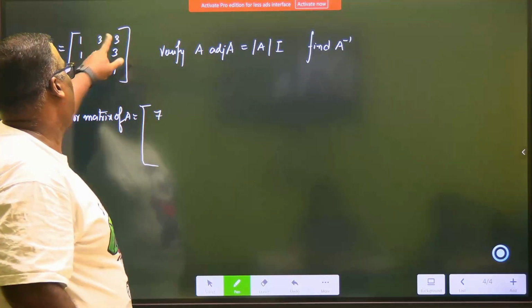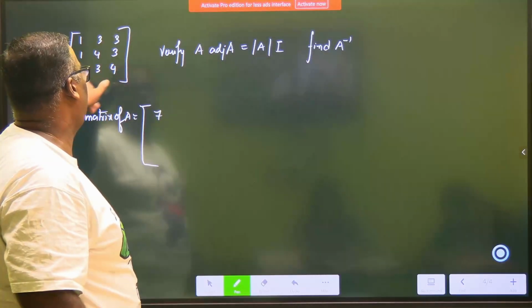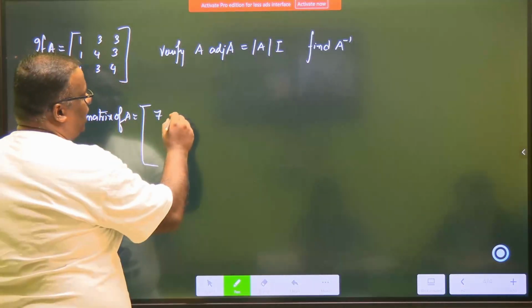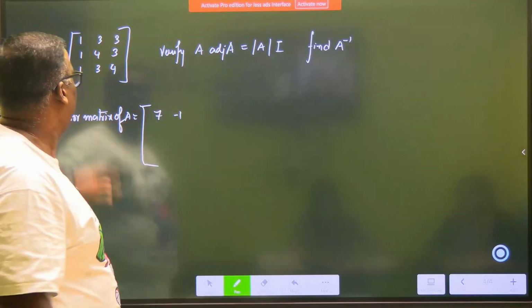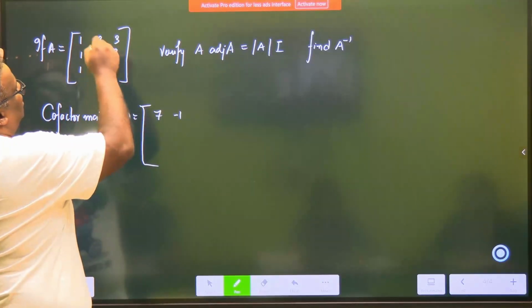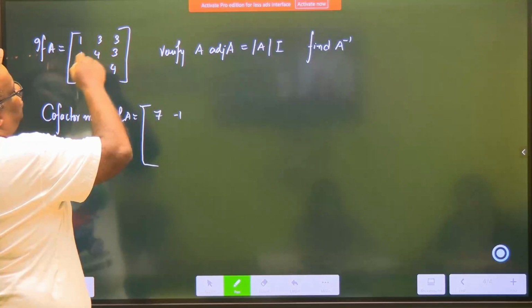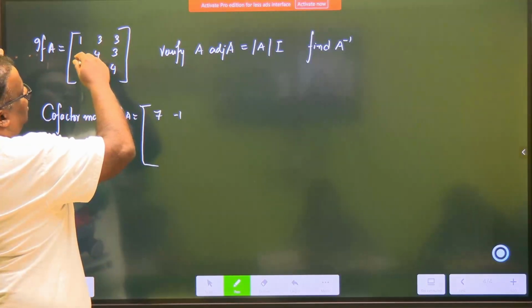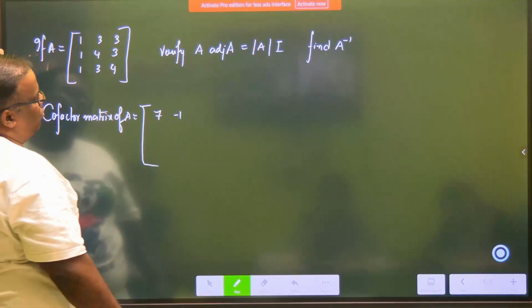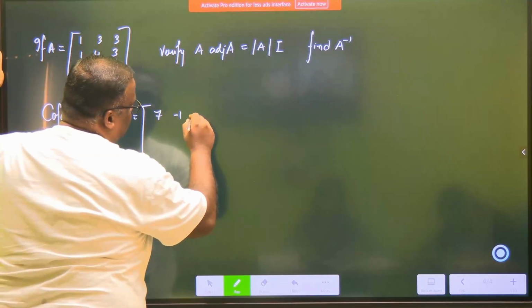Then 3 cancel, 1 into 4 is 4, 4 minus 3 is 1, but 1 becomes negative 1. This element: 1 into 4 minus 1 into 3. Then this element: 3 ones are 3 minus 4, which is minus 1, and minus 1 will be retained.